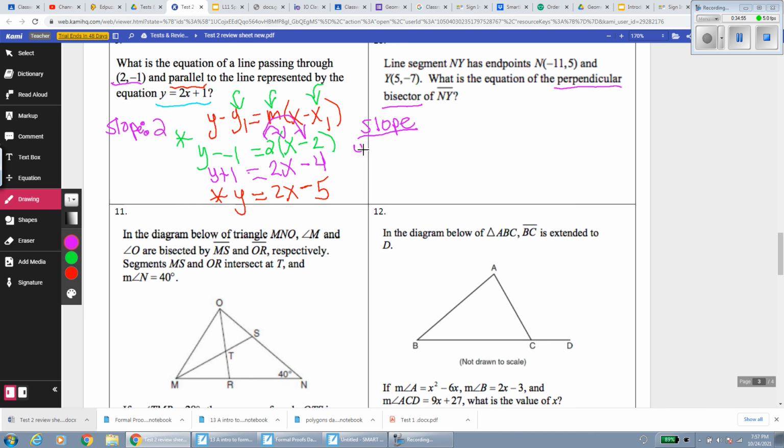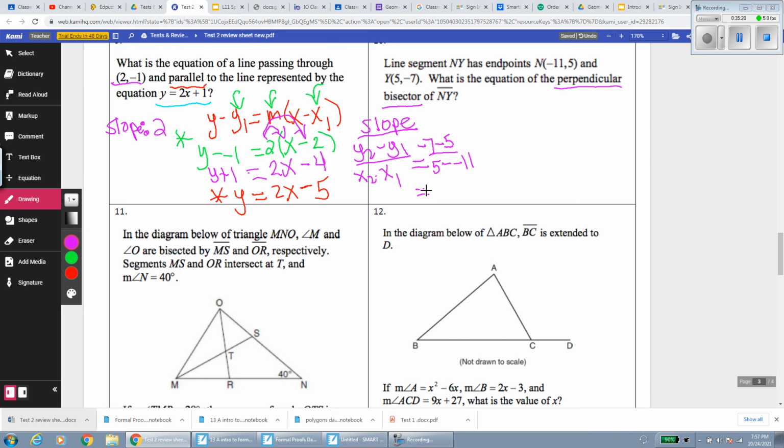Remember, slope formula is y2 minus y1 over x2 minus x1. So let me plug in really quickly. Our y values are -7 and 5, and our x values are 5 and -11.